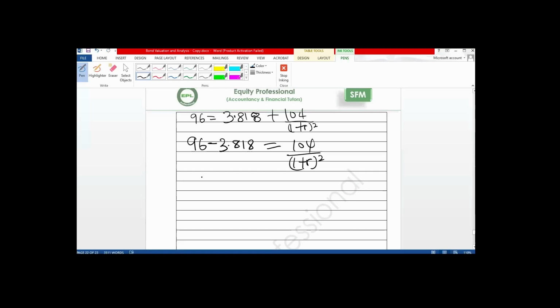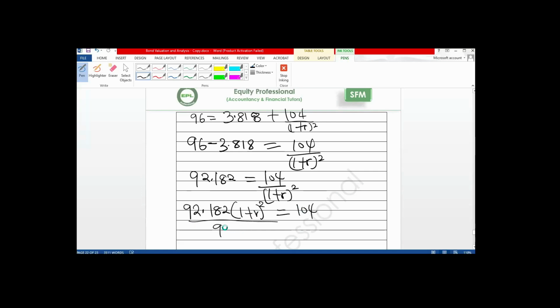The difference, what do we have? 92.182. So 92.182 equals 104 over 1 plus R raised to power 2. Cross multiply: 92.182 times (1 plus R) raised to power 2 is equal to 104.